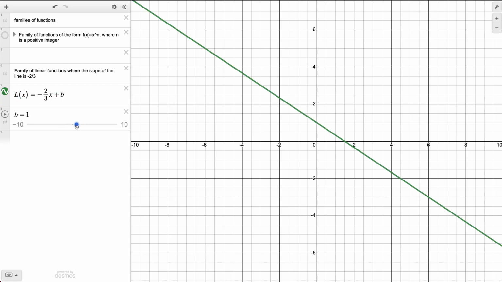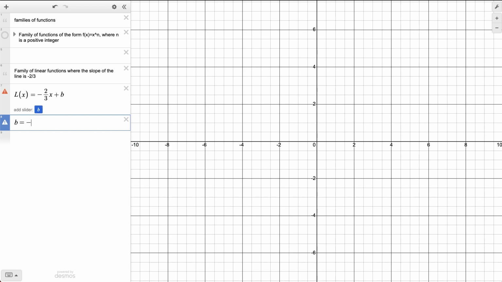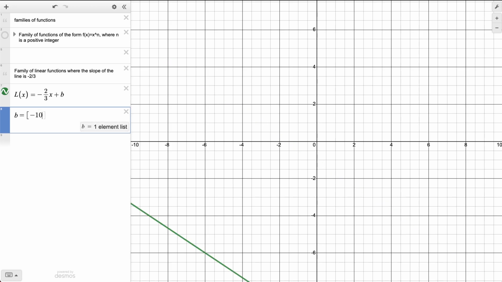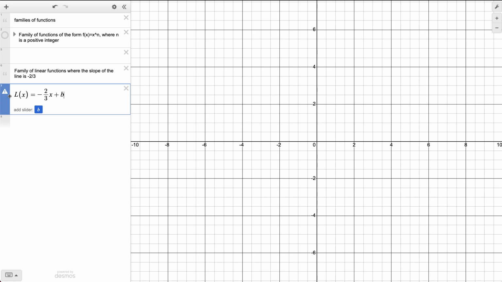You can represent it with a slider, or you can represent it with a list. So say -10 to 10. There's a bunch of representatives as a list. But actually just representing algebraically this family of functions is right here.